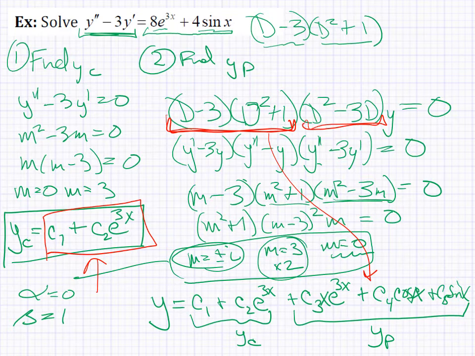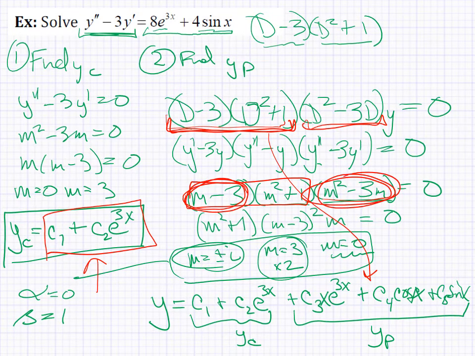Because if I only looked at the annihilator part, and I looked at those factors from the annihilator, which are here, I would get an m minus 3, which would give me 3, and I had m squared plus 1, which would give me plus or minus i. But I wouldn't realize that this is a repeated real if I ignored what was already there.